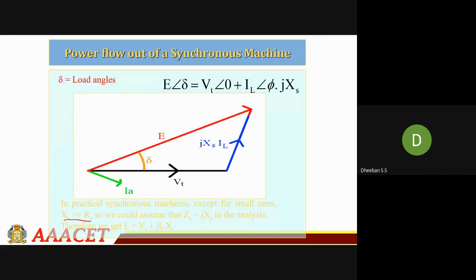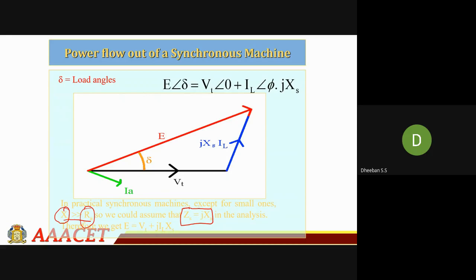So the resistance will always be lower than that of your impedance. For the reactance value, you will always only be taking your impedance, and RA will be neglected since it is of a very small value.